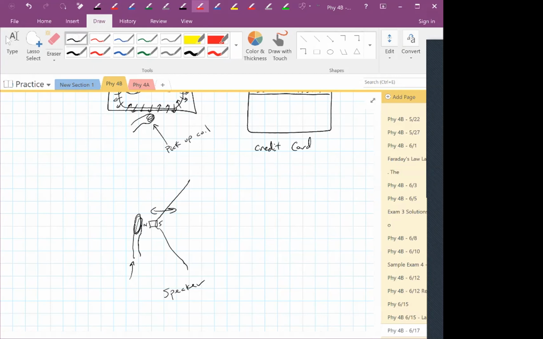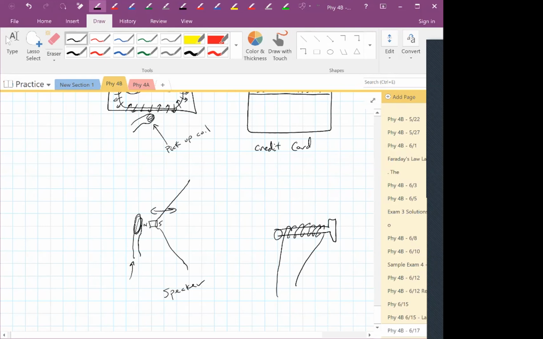I had that coil of wire come out, and I wrapped it around a nail. What's a nail? It's iron. That intensifies the magnetic field a little bit, right? Makes it a little bit stronger. And my coil of wire probably had a lot more coils than the one in the speaker, but that's okay.